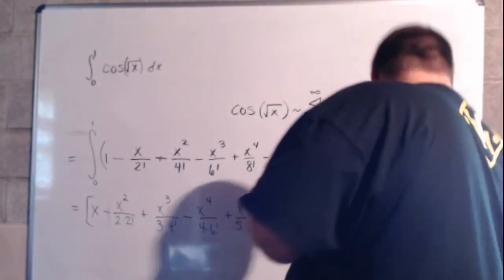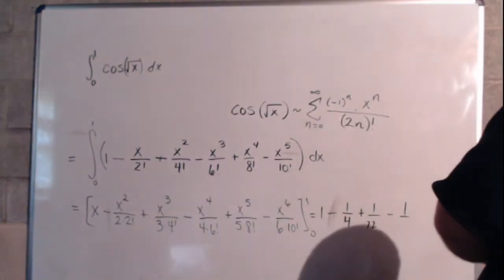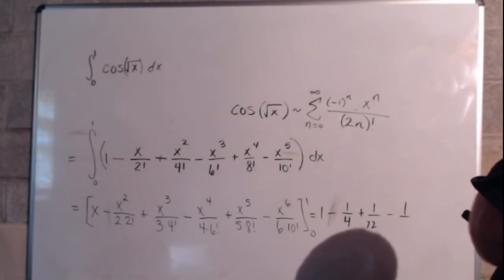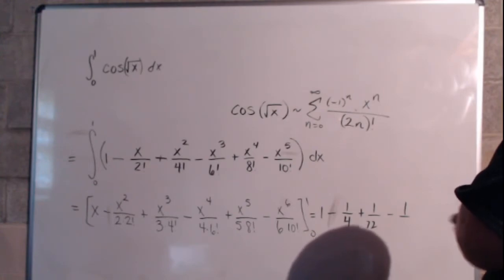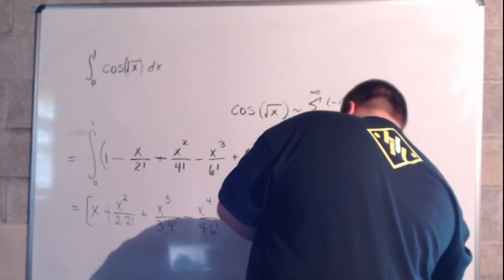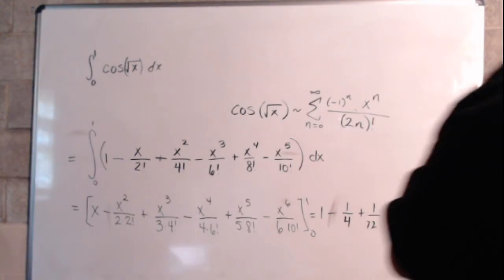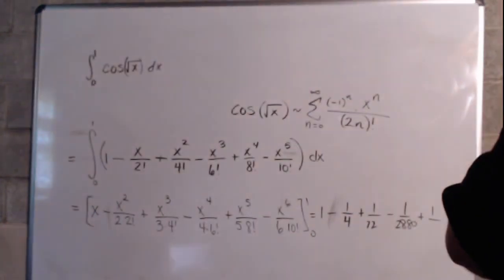Minus 1 over 4 times 6 factorial is 2,880, plus 1 over 5 times 8 factorial.